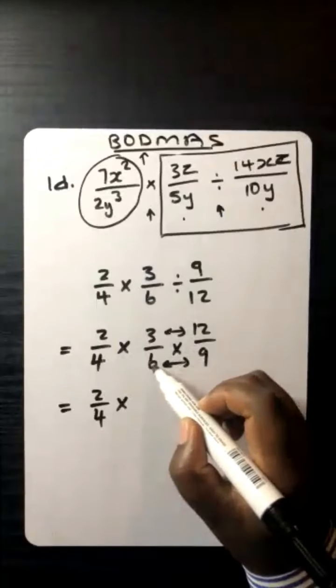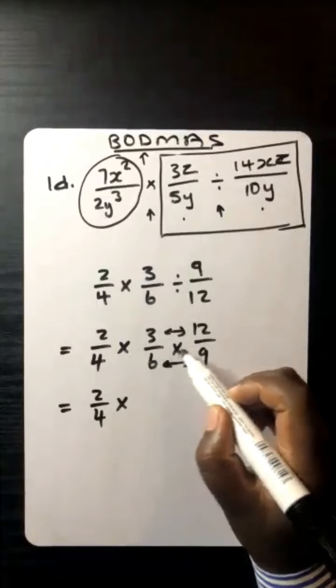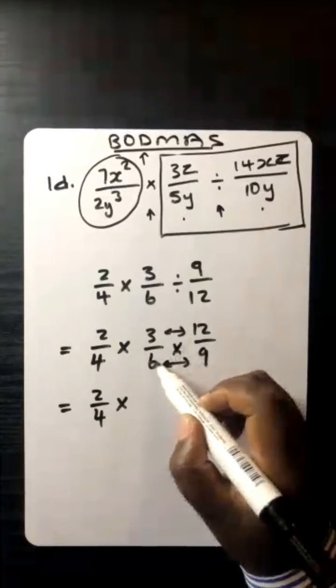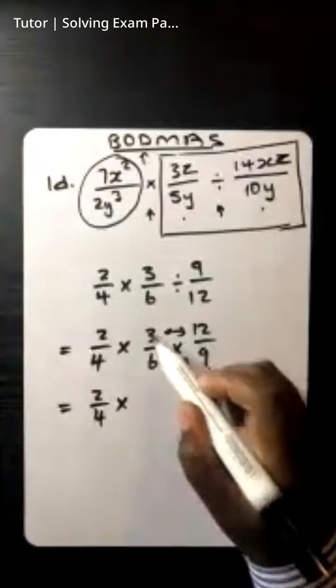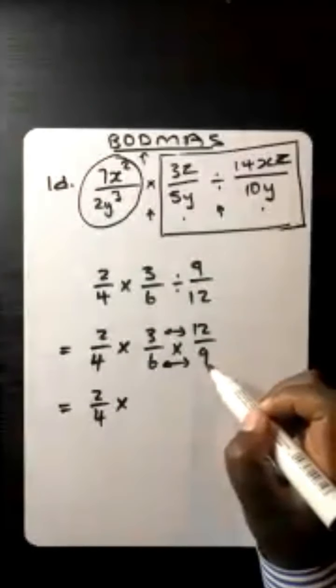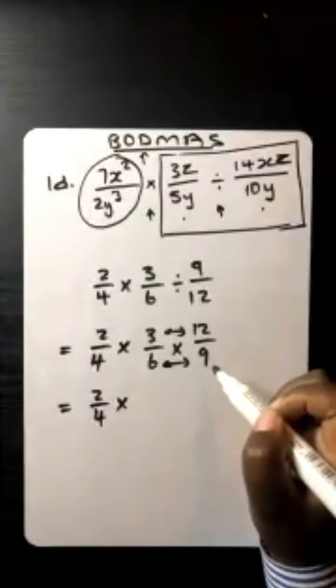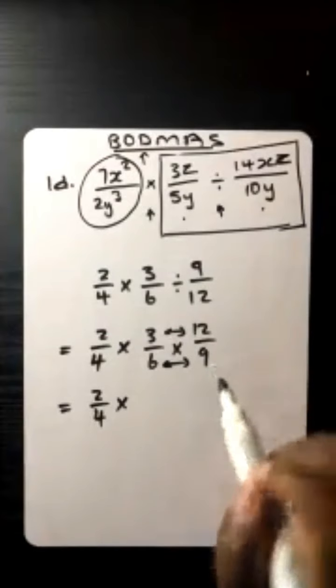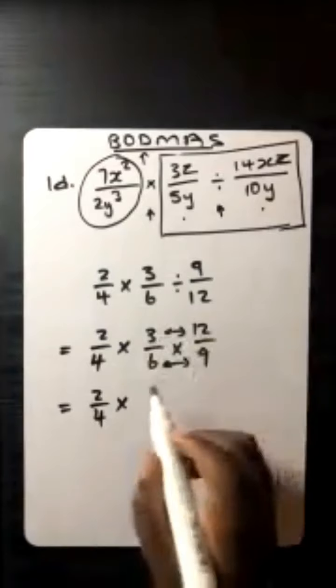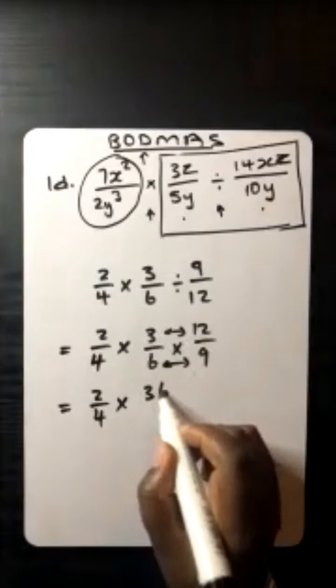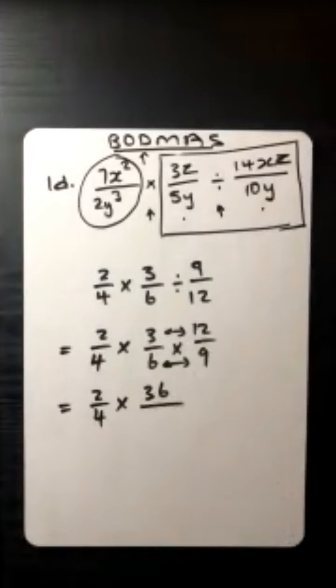Or otherwise, 6 goes 2 times into that one, and then this is 1/3. Or if I explain it differently, 3 multiplied by 12. What is it? Is it 36?